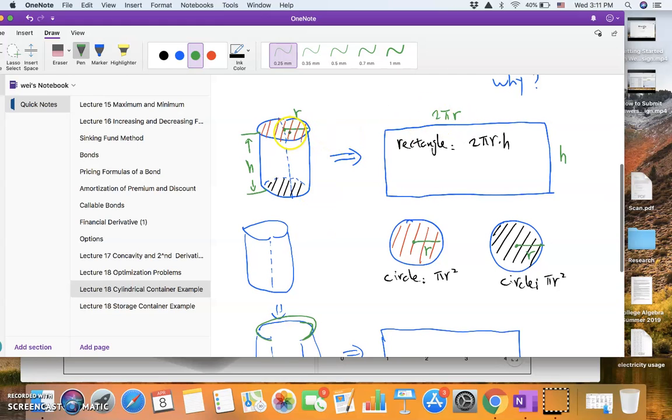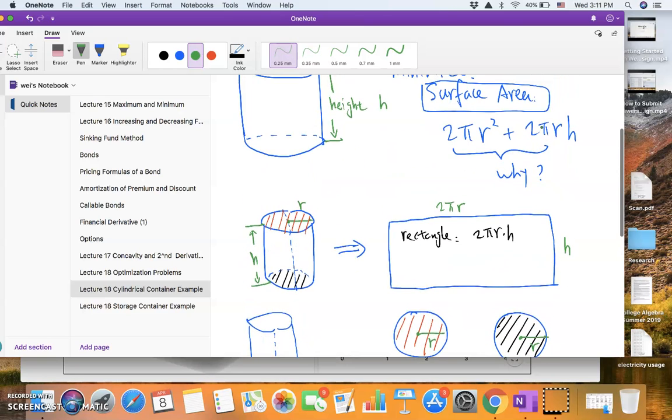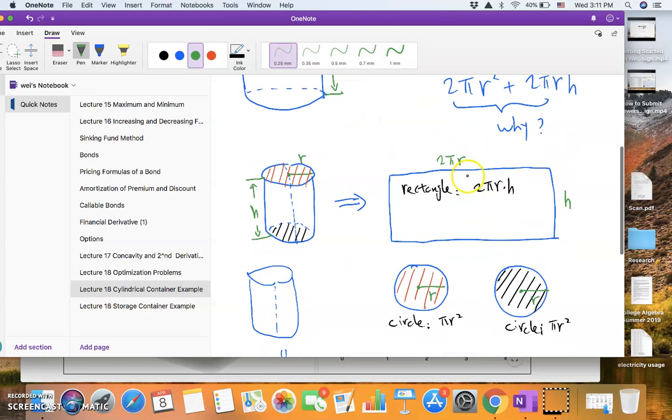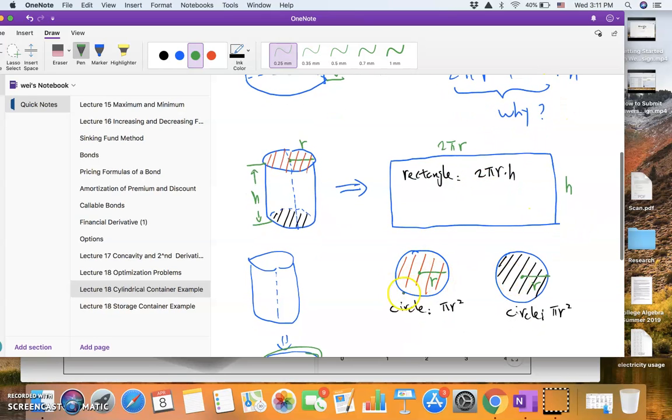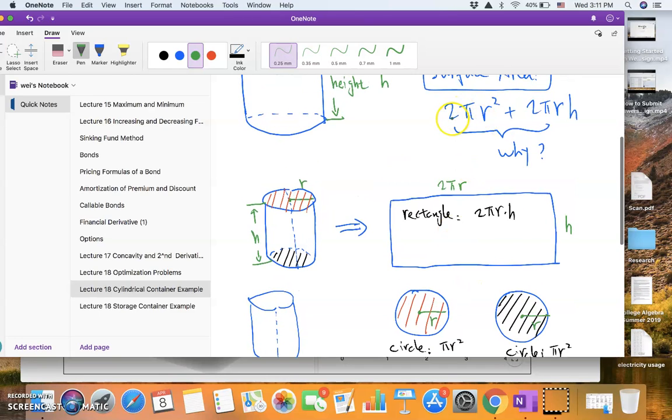Since the radius is r, the circumference is 2 pi r, so the length is 2 pi r. Therefore, the surface area is 2 pi r times h, plus the area of the 2 circles. So that's why we have 2 pi r squared.